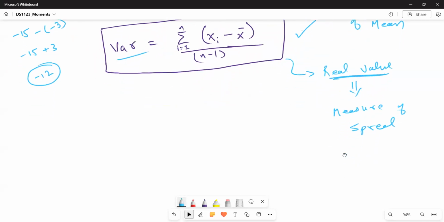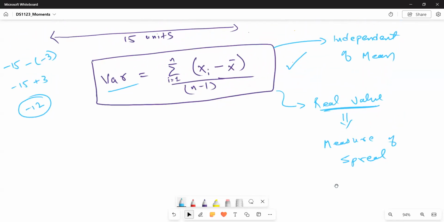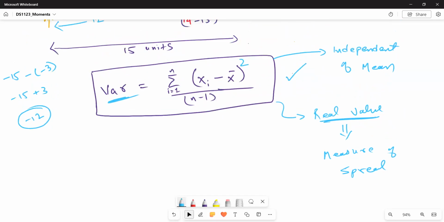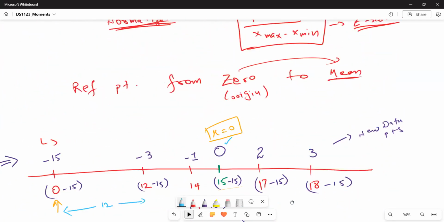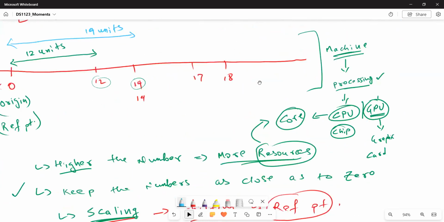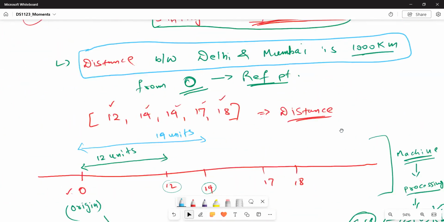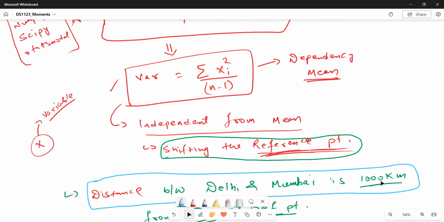Now, I think I missed out the square here. If you look at the formula for variance, we are taking the square of every term, which is why the variance that we have calculated is very close to the square of the mean of the data.